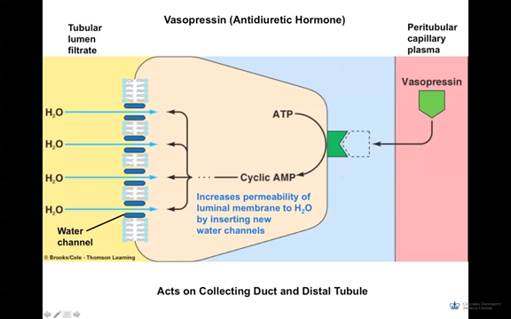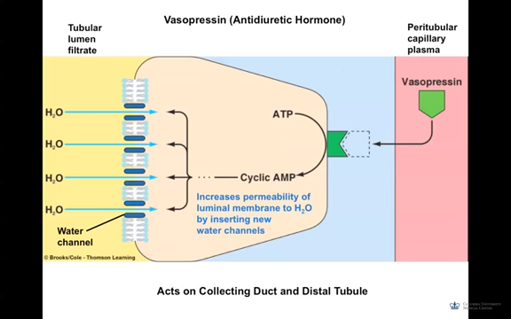If you remember, the availability of luminal aquaporins was one of those factors that determines the permeability of any segment of the nephron to water. So vasopressin binding to its receptor on the cells in the collecting duct and distal tubule enhances the insertion of the luminal aquaporins so water can cross the luminal membrane and then cross the basolateral membrane and be reabsorbed.